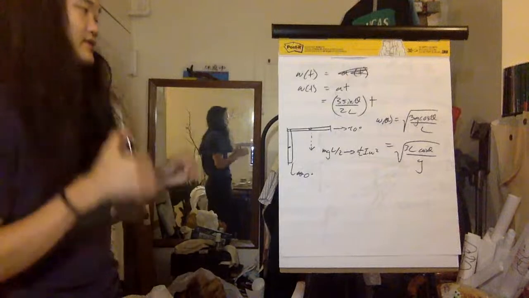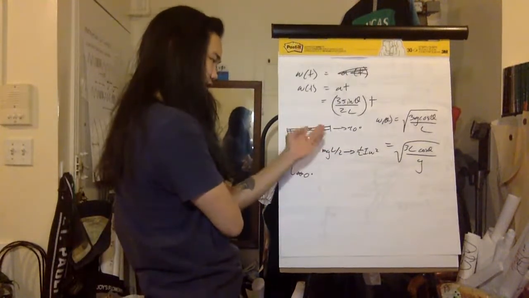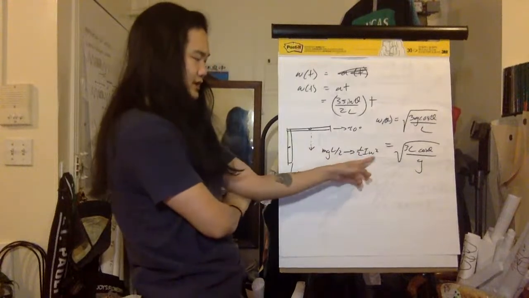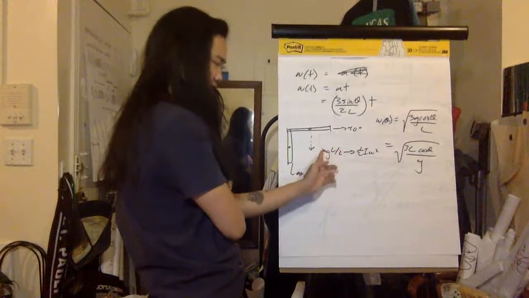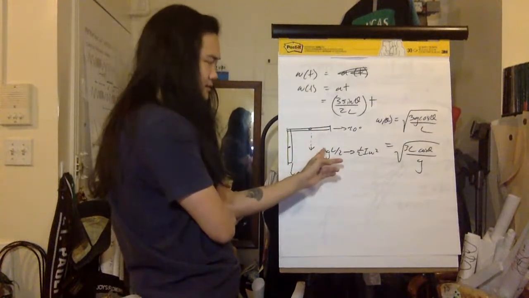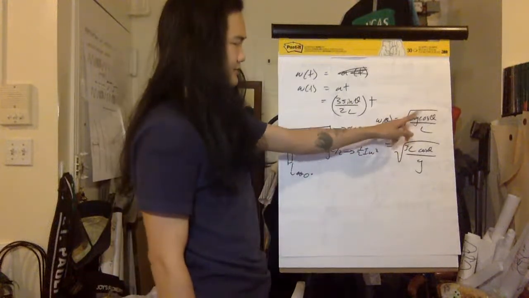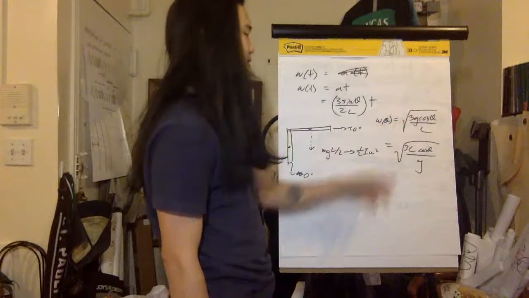So the more gravitational potential energy I lose, the faster my omega will be, and I increase that with g. So I have a bigger omega with a bigger g, and boom, it's going to be this one then, because g is in the numerator and not the denominator.